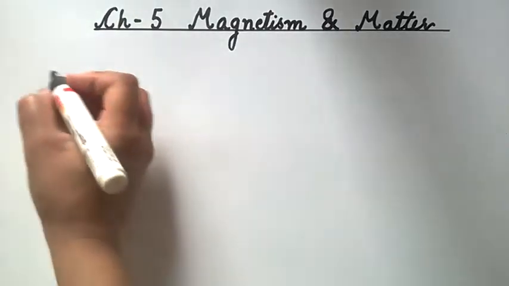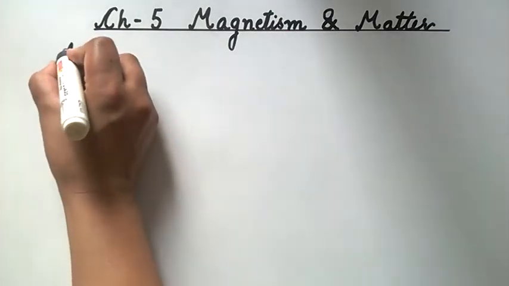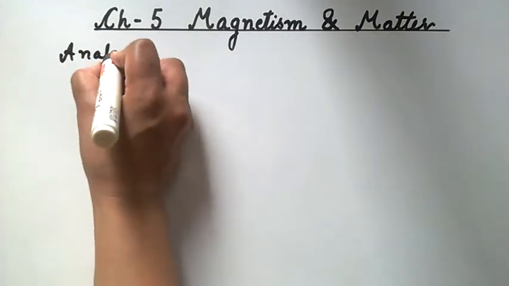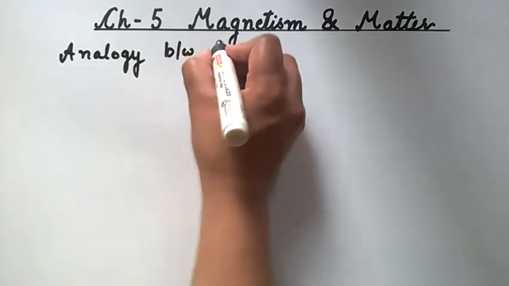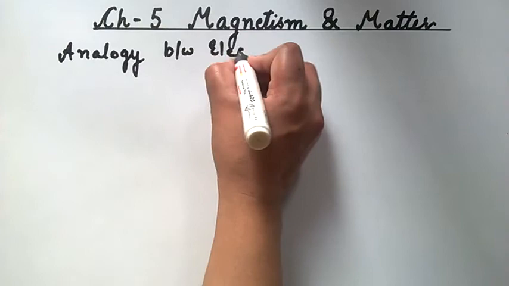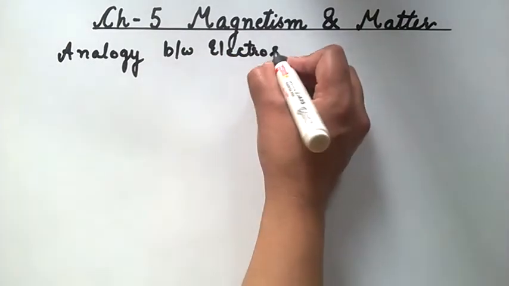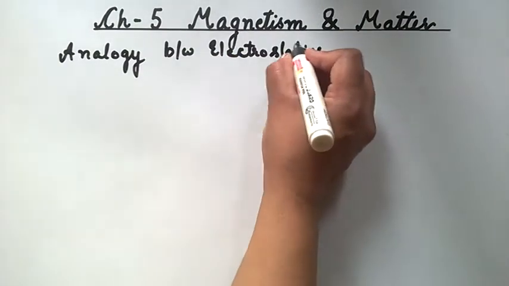Now next topic is analogy between, that is similarities, electrostatics and magnetism.